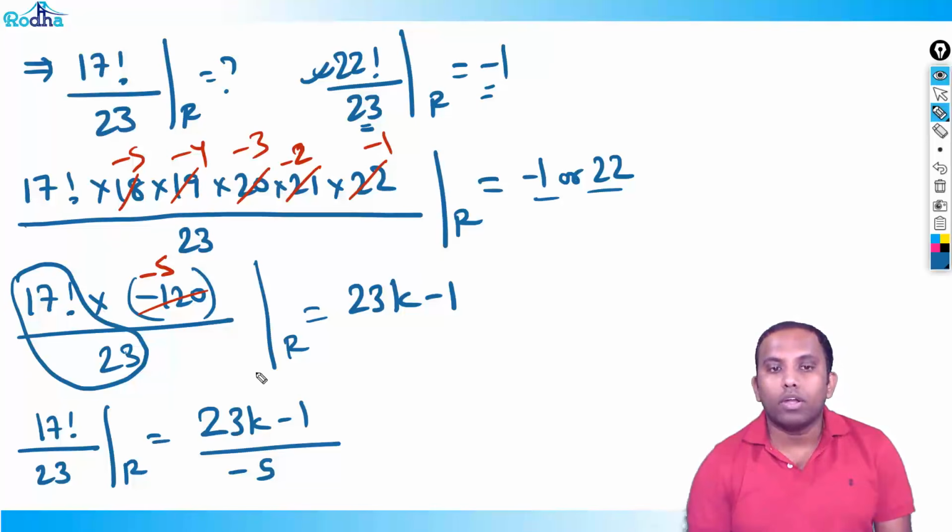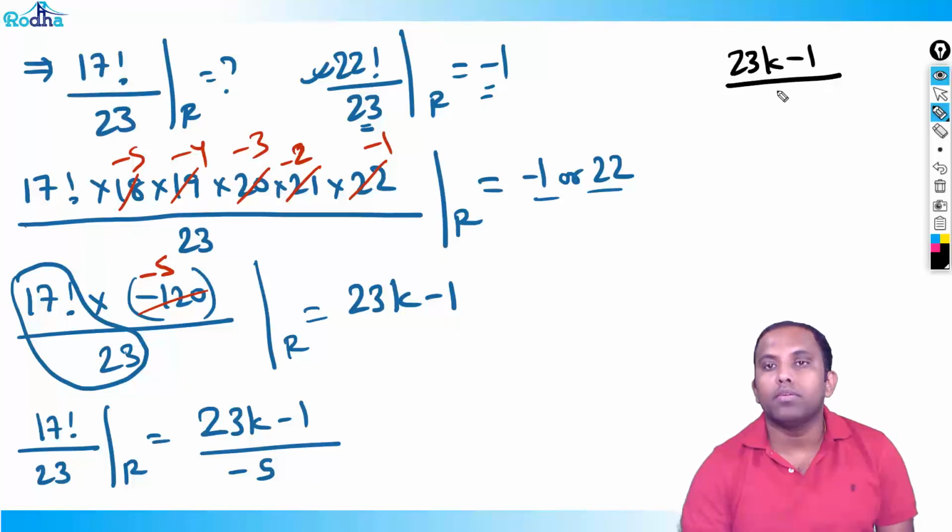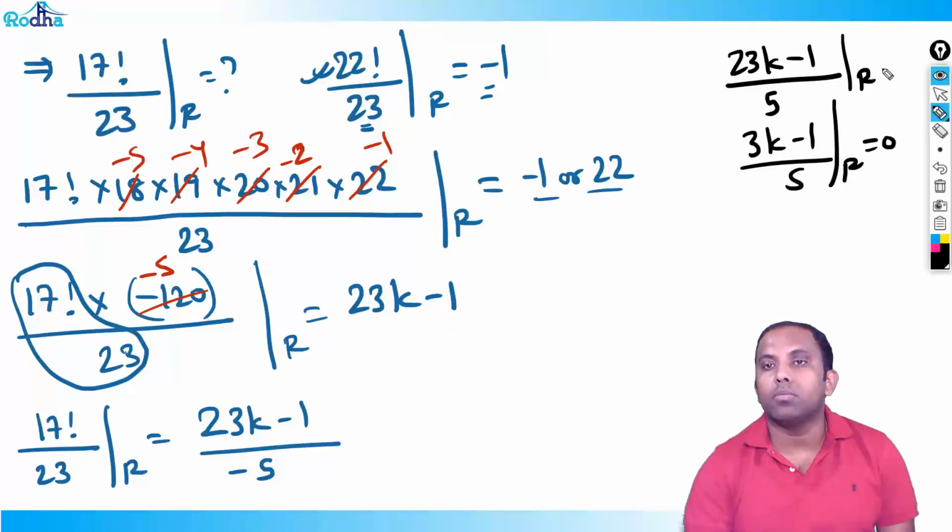So 23k minus 1 is to be divisible by 5. Here you get 3k minus 1 divided by 5. What is the remainder? The remainder is 0. Divisible means the remainder is 0.